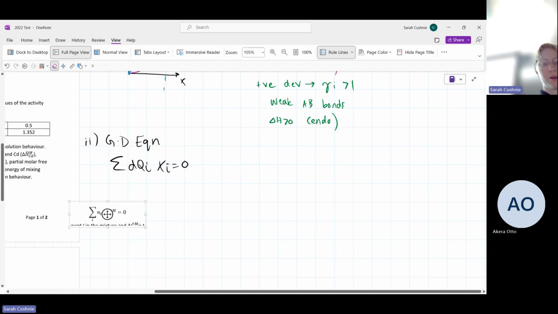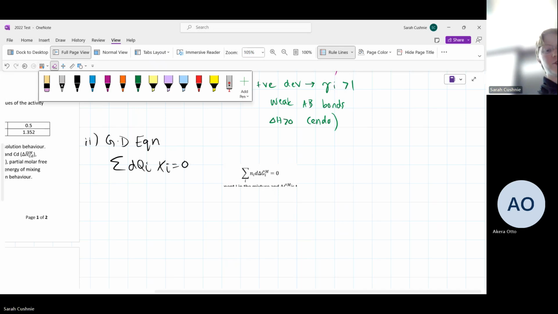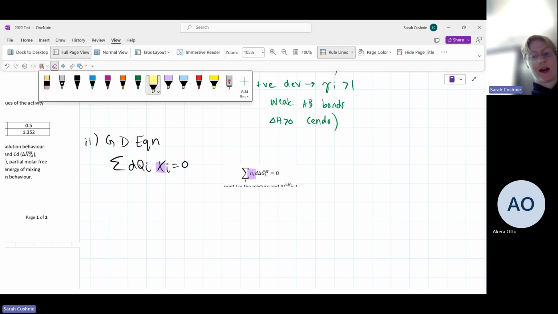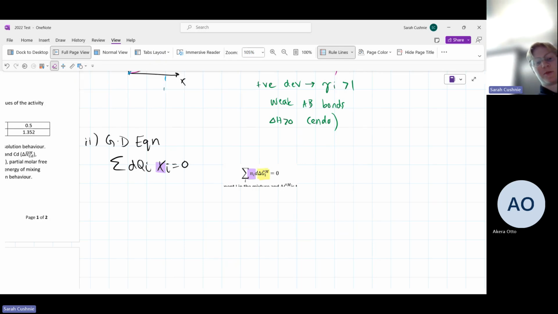Essentially what we're saying is if you add up a given amount, and we can say that amount is either xi or ni, whether it's the molar fraction or the moles itself, and then we add up the energy of mixing that, whether that's the Gibbs free energy or Q as in any extensive property.